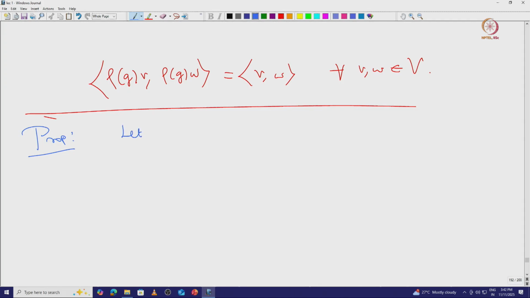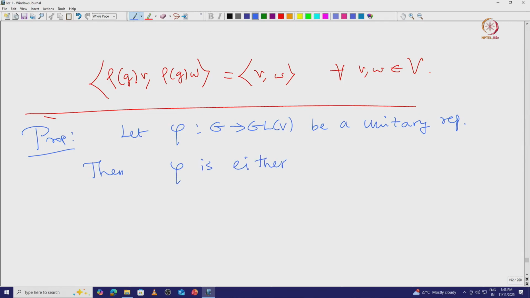So, let us say phi is unitary, then we can conclude that phi is either irreducible or decomposable.